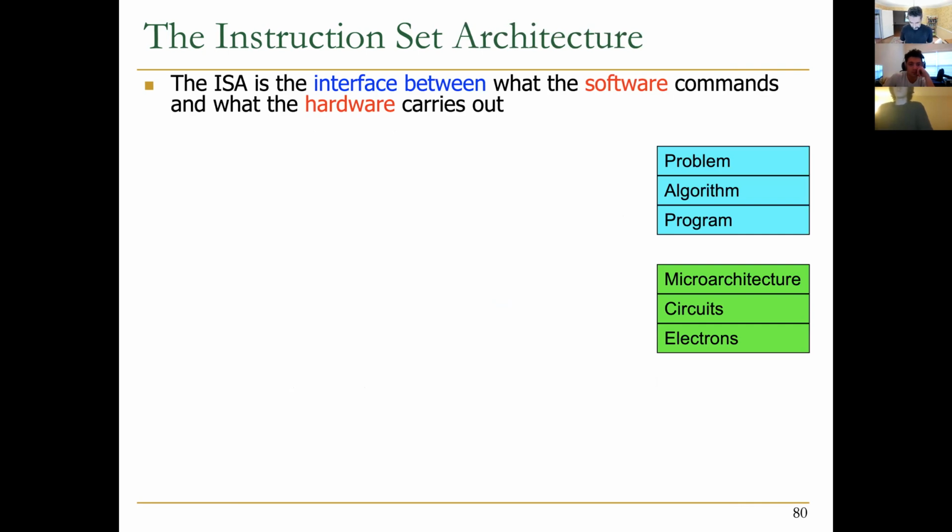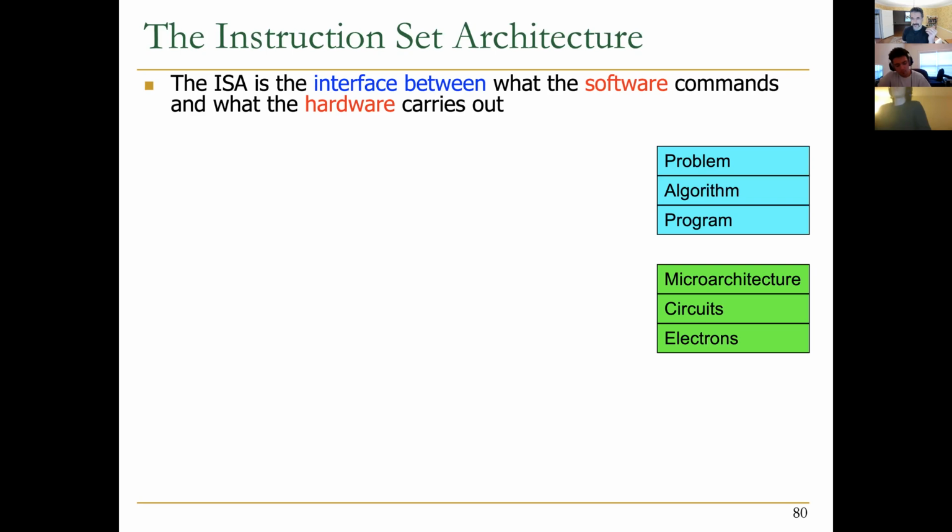And if you think about it, the ISA, we discussed this before, is a sort of contract that enables the connection between the high-level stuff, the program level, where the programmer writes programs, to the low-level stuff, the hardware level components, microarchitecture, circuits and electrons.